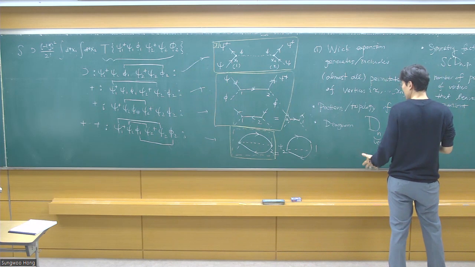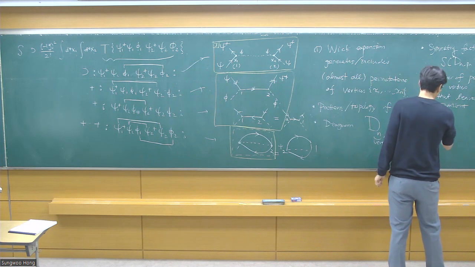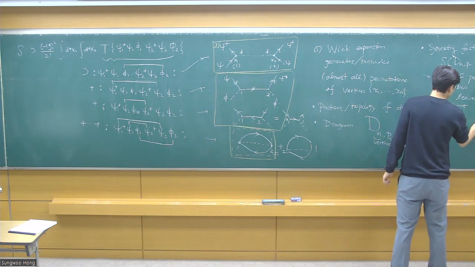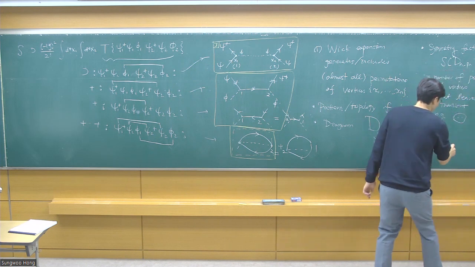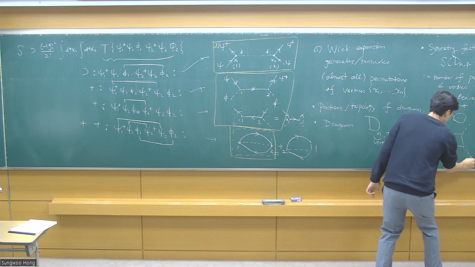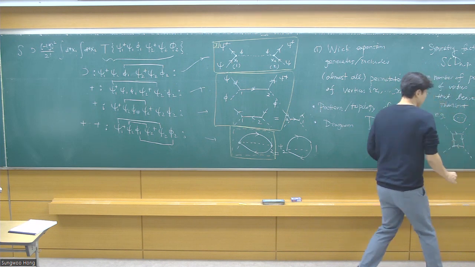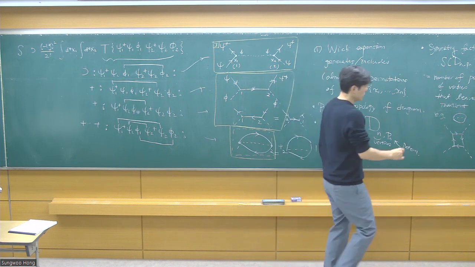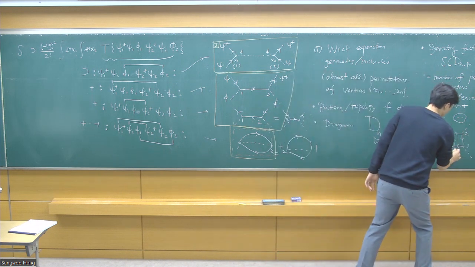Let's take another example. That diagram's symmetry factor is 2. Let me make another diagram. This is blue, and let me label the vertices 1, 2, 3, 4.